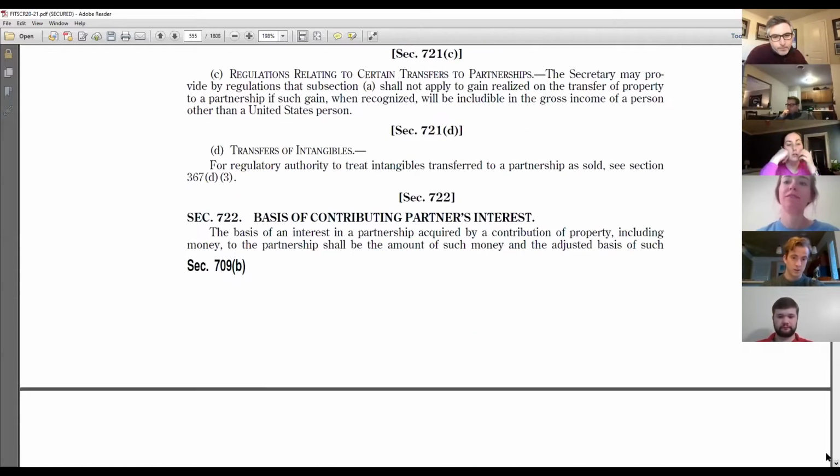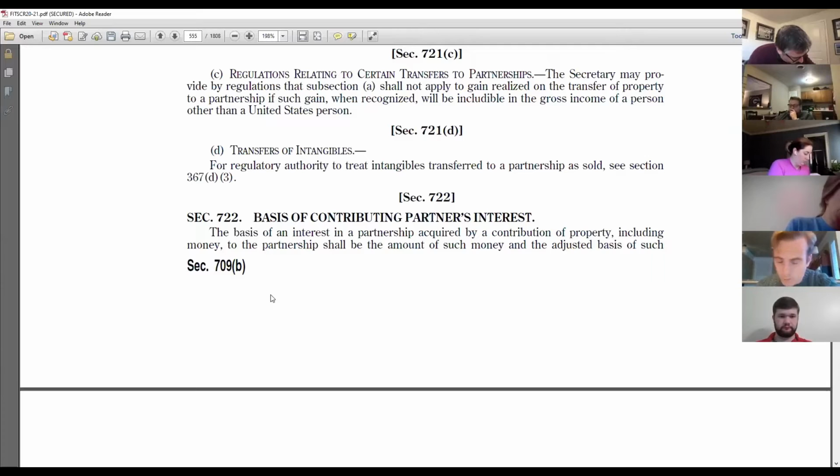And so let's look at section 722 right down below. 722 deals with the basis of the contributing partner's interest. This is the contributing partner's interest in the partnership. And we're going to use a term here, and you might want to annotate your code here.